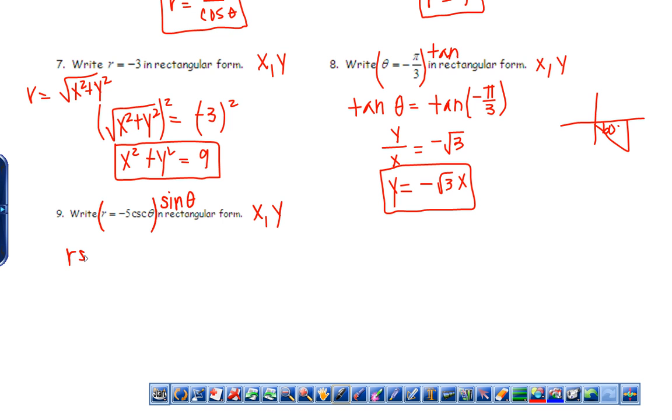This gives me r sine theta, and this gives me -5 cosecant of theta times sine theta. This one right here, r sine theta, is y. And if you remember your stuff, this times this cancels, and you have -5, and we're done.